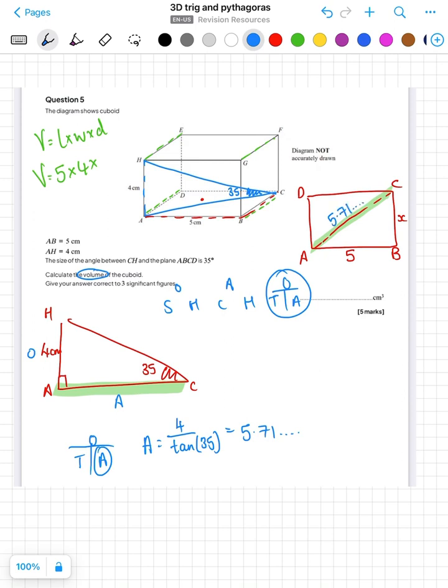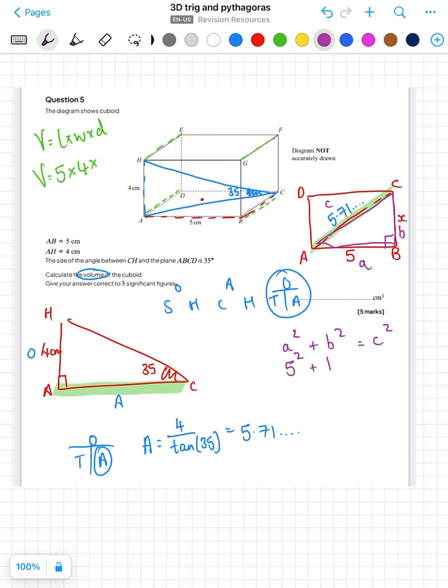Now we look at our second right angle triangle. We've got triangle ABC, which is a right angle triangle. We don't know other angles, which means we're going to be using Pythagoras. A squared plus B squared equals C squared. Substitute in 5 squared plus B squared equals C squared. Remember, C is always the hypotenuse.